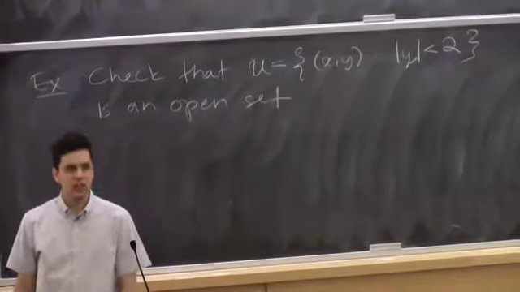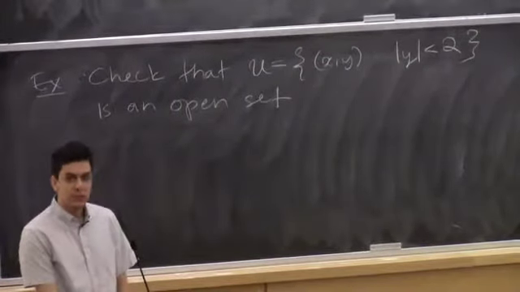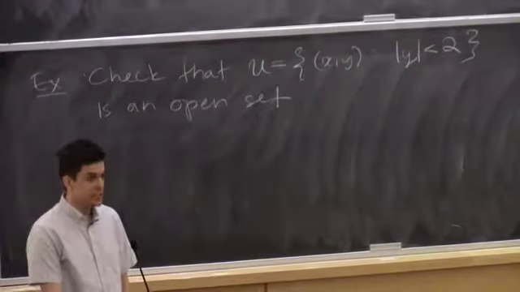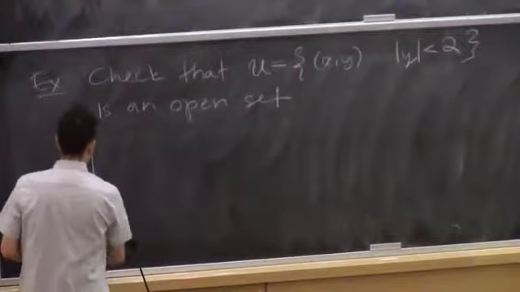Okay, so let's check that this fellow is open. And we'll see what we have to do to show that a set's open. With this, it's helpful to draw a sketch of the thing.